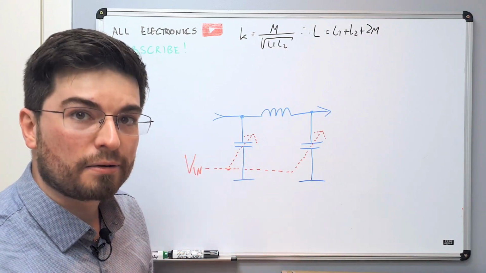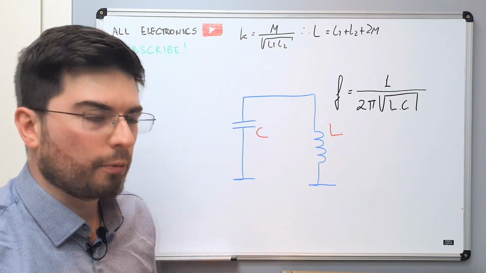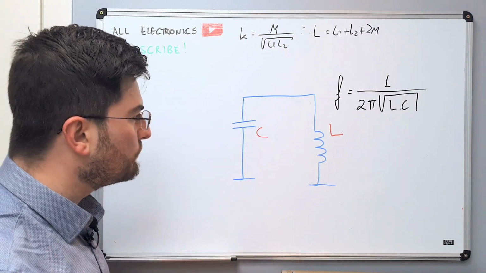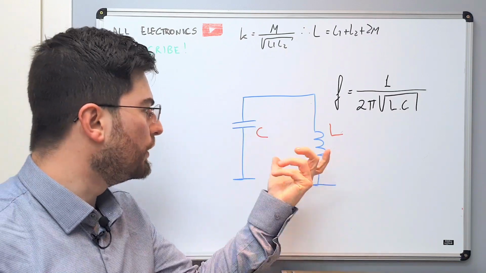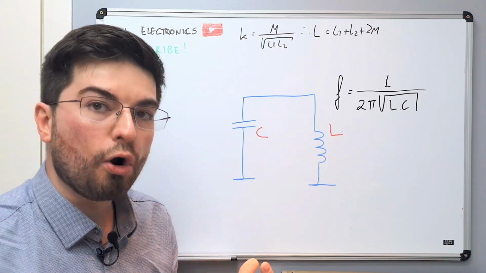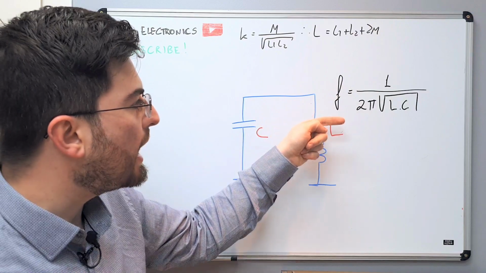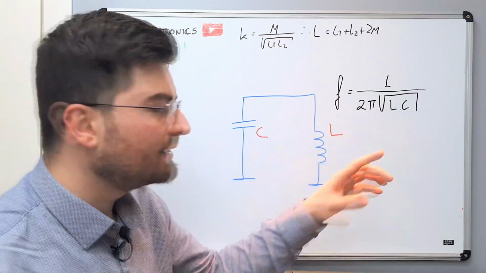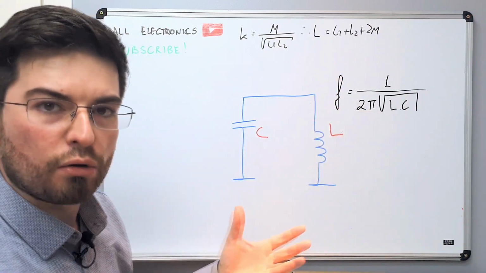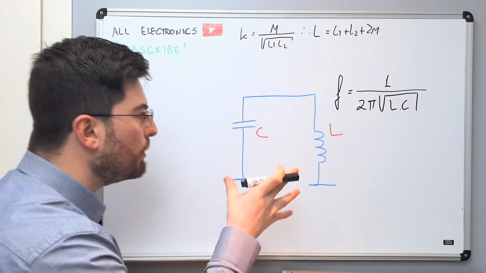Let's understand it better. Let's start with a simple example. If we have a parallel resonator tank LC, with an inductor and a capacitor, we know that the frequency of resonance will be f = 1/(2π√(LC)). This is the common formula we use to calculate resonance of a very simple LC tank.